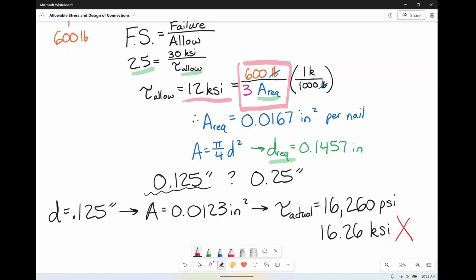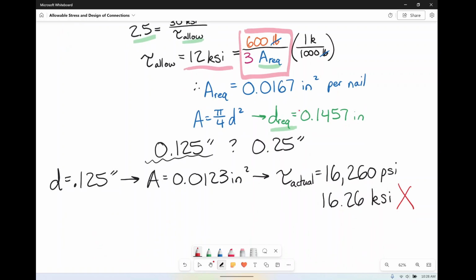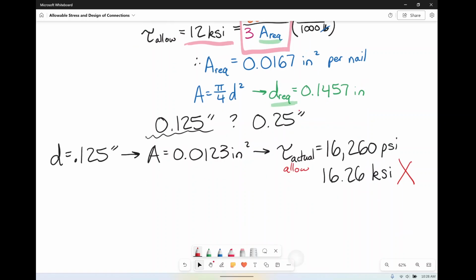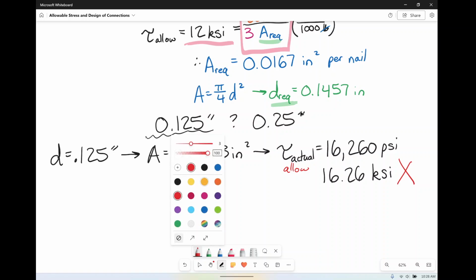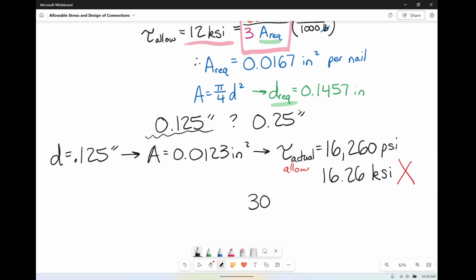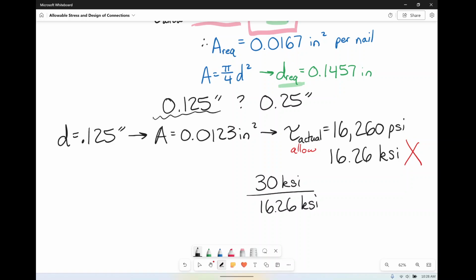You can go a step further, right? If you kept calling this allowable, and you took this a step further and you said, well, we had the 30 was our failure, and we put that over our 16.26 KSI, we're going to get a number that, as you can tell, 16 is greater than 15, so this number is going to be less than 2 for our factor of safety.